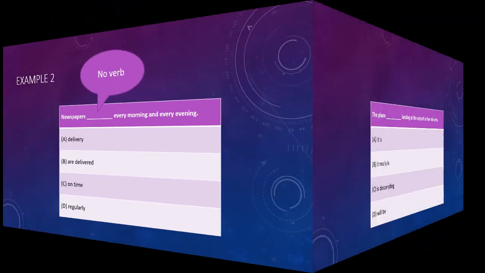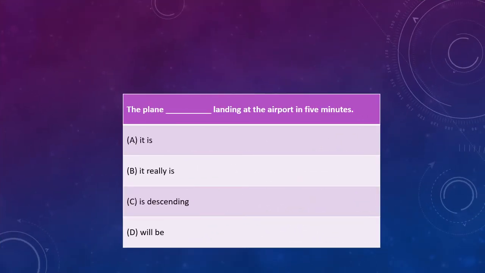Let's take a look at sample number 3. The plane, blank, landing at the airport in 5 minutes. So we have the subject, the plane, and a blank, and then landing. Can we take landing as a verb?